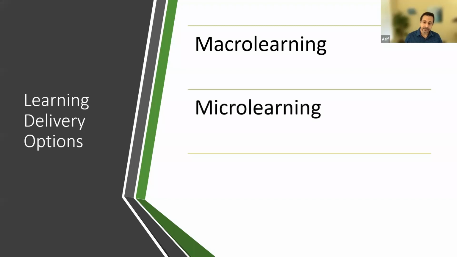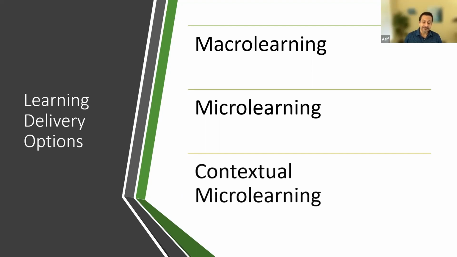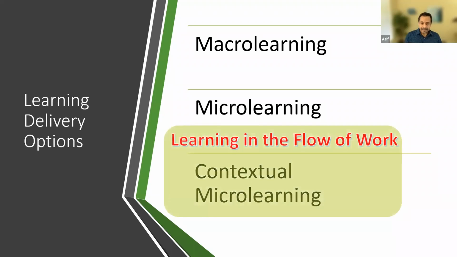But then there's traditional microlearning, which is what I was talking about before, like when I was looking for that solution to my water heater problem. It's going to happen and you need to do that. But then there's, of course, the concept of contextual microlearning, which is, I think, the most powerful because it's happening in the flow of work. And that learning in the flow of work sticks the best. It's the fastest, no context switching, and you get much, much better adoption.